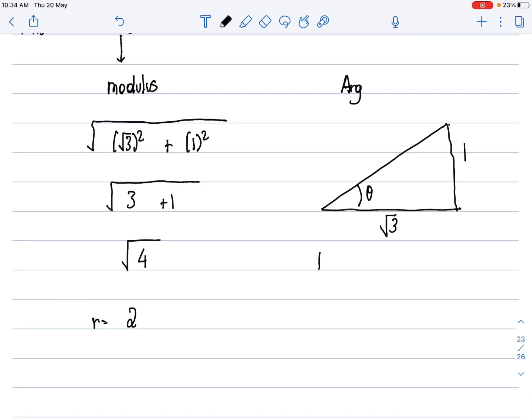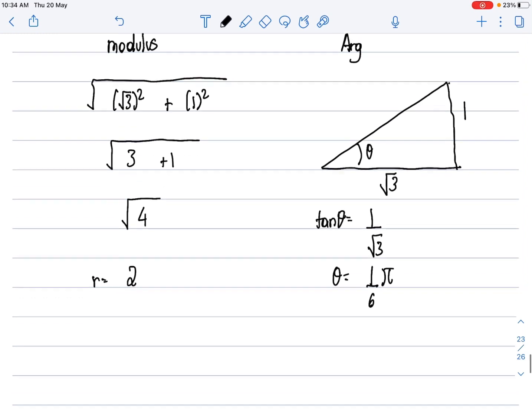So tan theta is equal to the opposite over the adjacent, so tan theta is 1 over root 3. So theta is equal to tan inverse of 1 over root 3, which when calculated in the radian mode I get pi over 6.